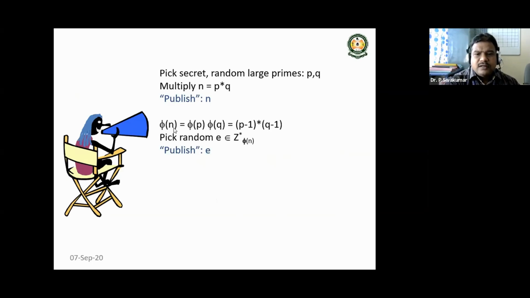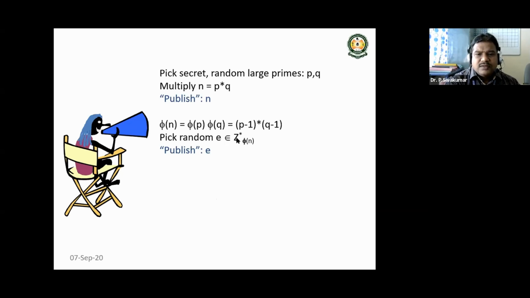After that, find out your phi(n), which is phi(p) times phi(q), that is (p minus 1) times (q minus 1). So pick a random e that satisfies the coprime condition with phi(n). That is a mathematical formula.